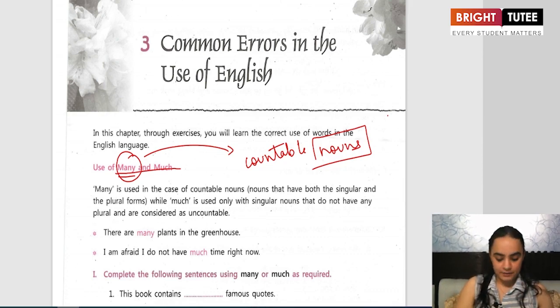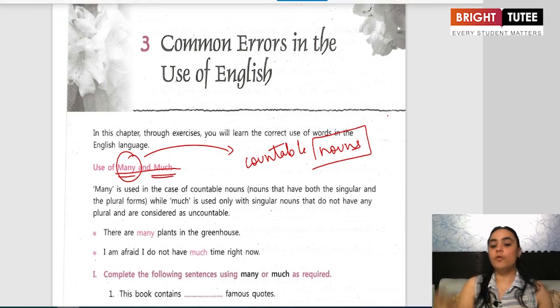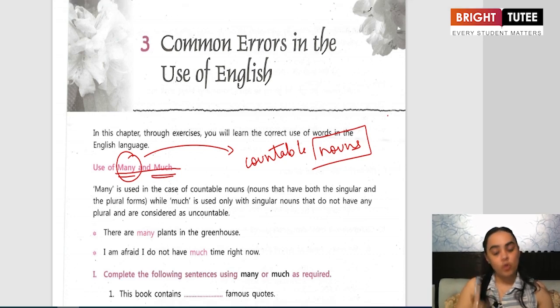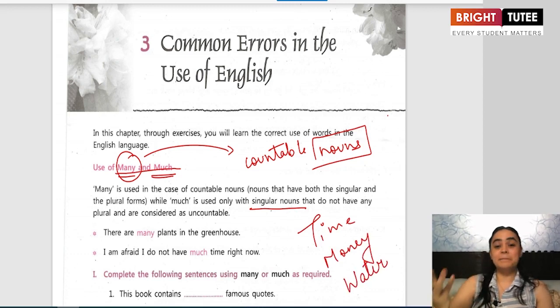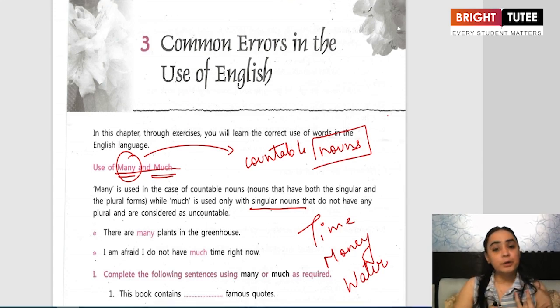On the other hand, we use much before those nouns which only have a singular form and do not have a plural. For example, time, money, water, milk. Is there a plural of time?